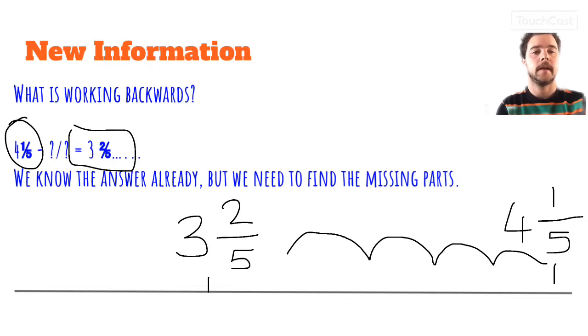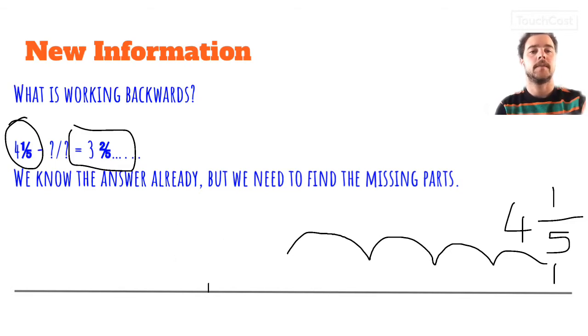I haven't done that very accurately, but I can just move that. You probably don't need to put that, but the reason I wrote that there was so I knew what I needed to get to, just to remind myself. 3 and 2/5.